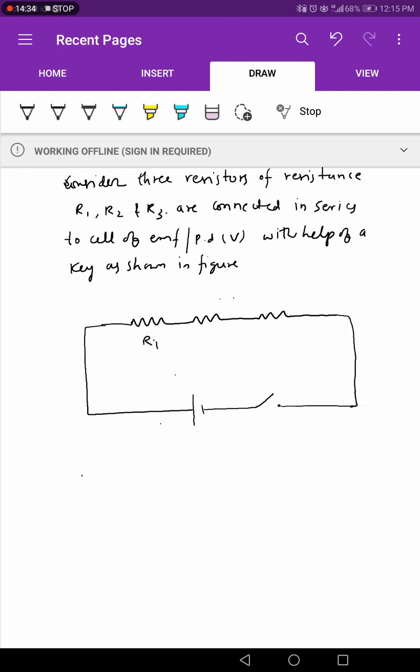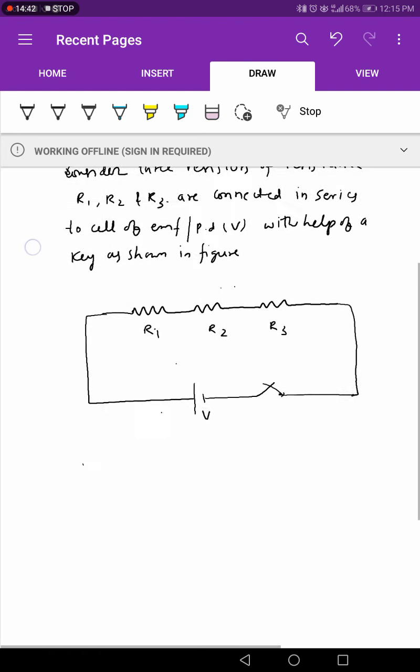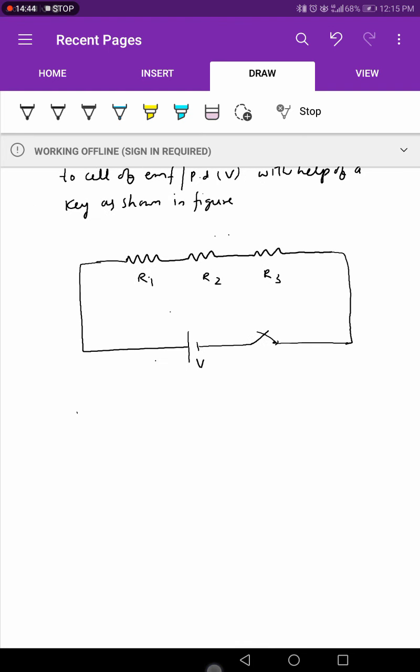So R1, R2, R3, and V. When the key is closed, so what will happen?